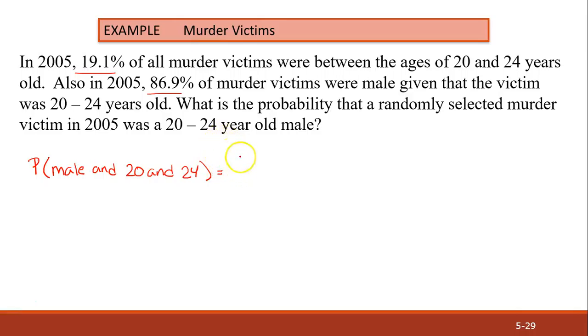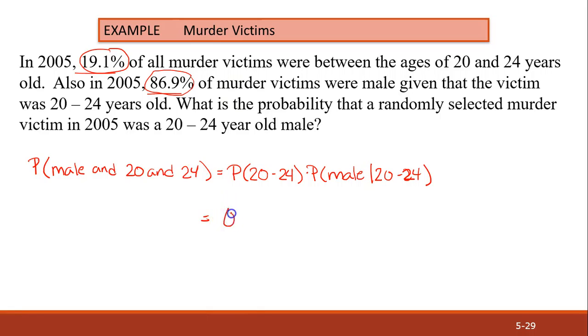To find that, we're going to multiply together the probability of victims who were 20 to 24 and the probability of the victims who were male, given that they were ages 20 to 24. We are given that up here again. Here's all of them who are between ages 20 and 24, and then here is the ones who are male, given that they are 20 to 24.